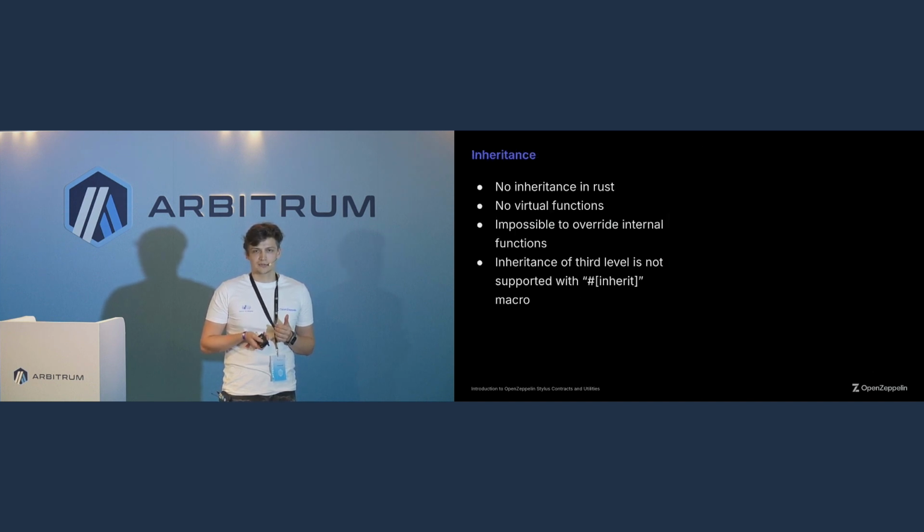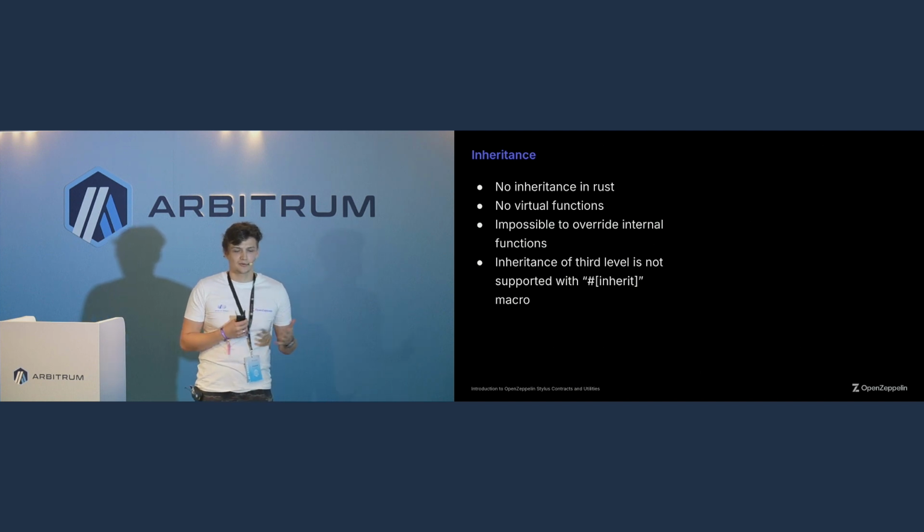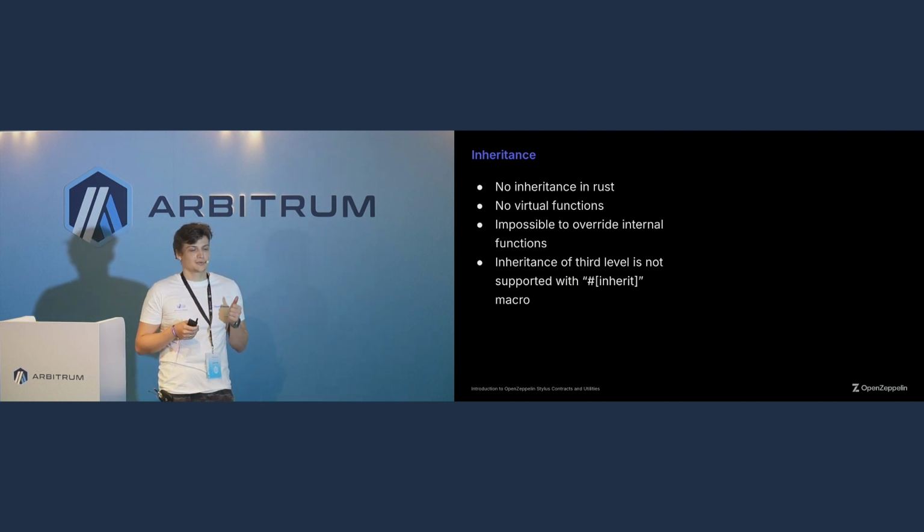Inheritance. So there is no inheritance in Rust. You cannot just take one struct and inherit from another one. You can use traits, and you can use a syntax that looks like inheritance in Solidity, but it's actually just a generic restriction on types. So there are no virtual functions, there is no word virtual.